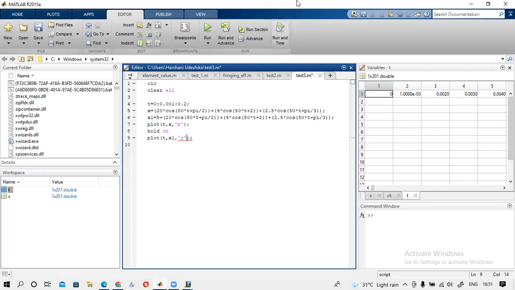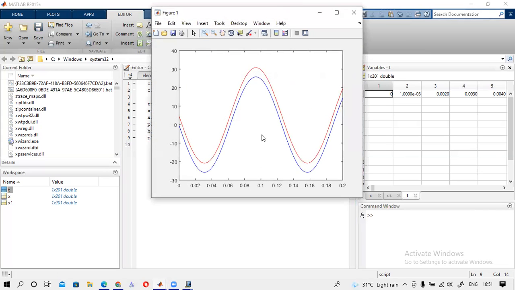If I run, can you see that this is the original signal, the blue one, and when I add the DC shift, it is shifted above like this. So it is a DC offset to the plus side.